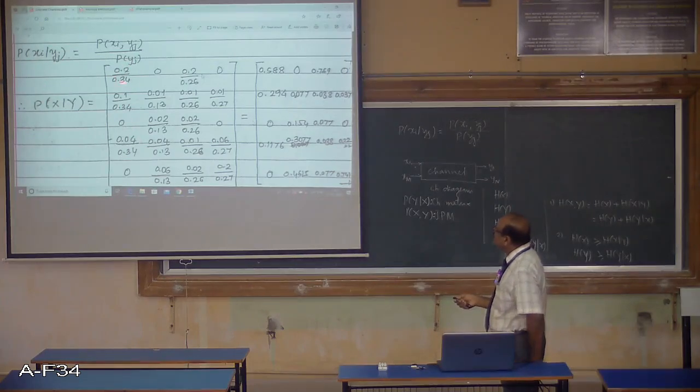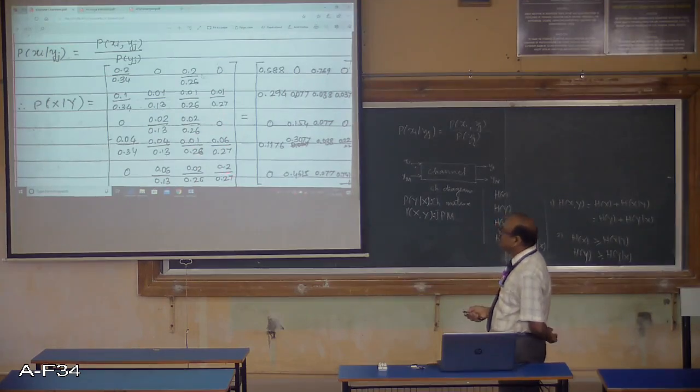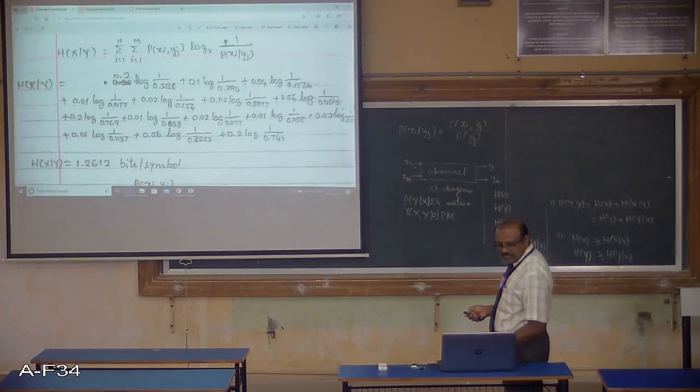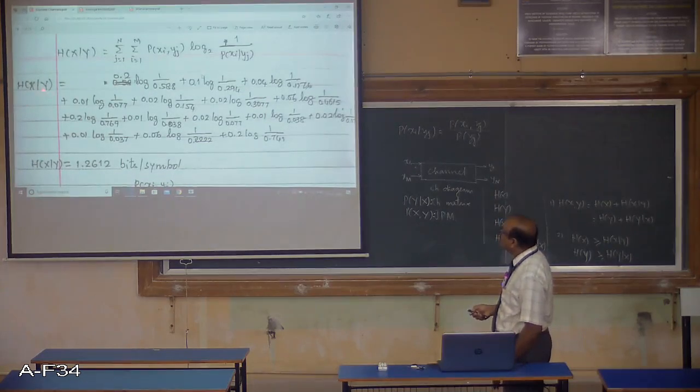So every element of JPM is divided by P of y1, this is divided by P of y2, divided by P of y3, divided by P of y4. What we get here is P of x given y. Using these values, we can calculate H of X given Y.